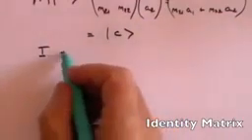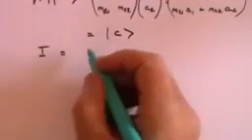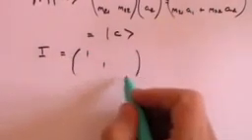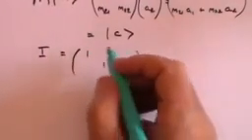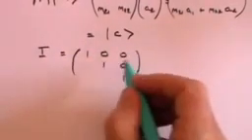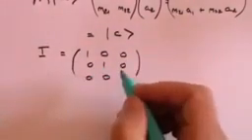I need to introduce you to what is called the identity matrix. The reason it's called an identity matrix is that it has the numbers 1 on the diagonals and 0s everywhere else. So I'm going to do a 3-dimensional matrix, but you'll easily see how to create any dimensions. The diagonals have 1s, everything else is 0, and that is called the identity matrix, or sometimes called the unit matrix.